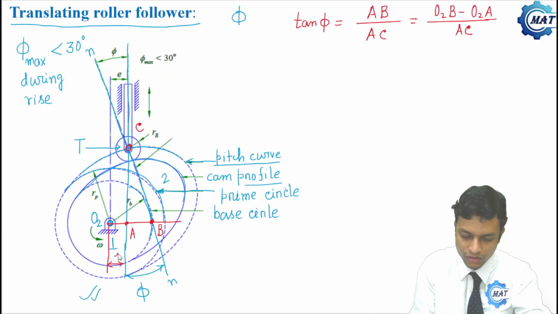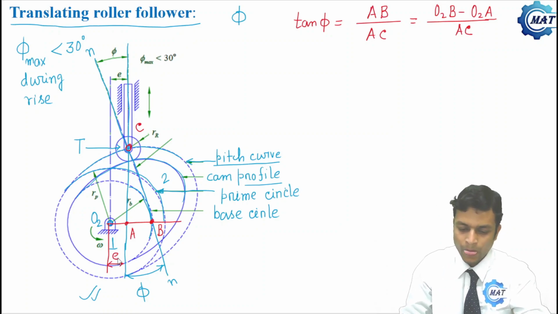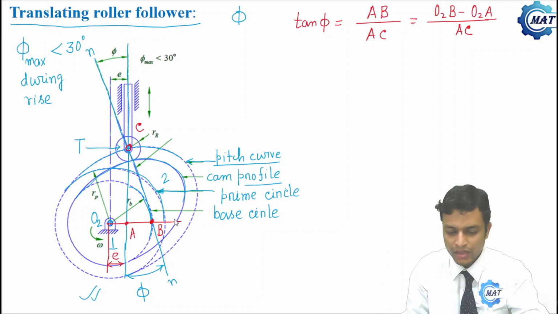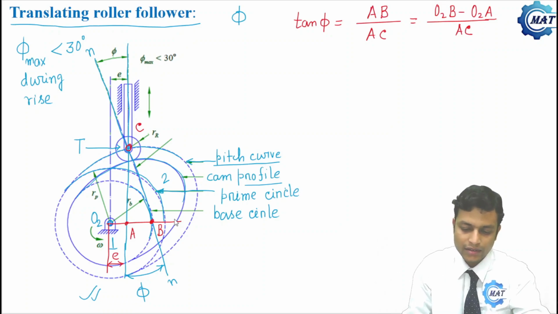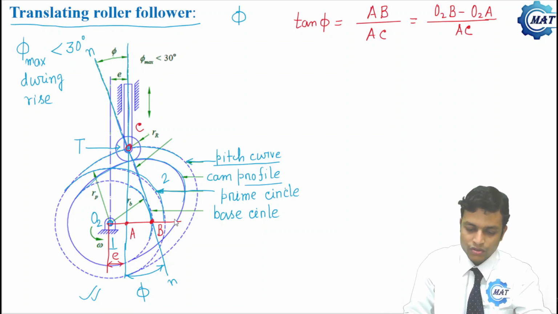Now let us calculate O2B, and we know that O2A is nothing but E. To calculate O2B, we'll take the help of Aronhold-Kennedy's theorem of 3 centers. So here fixed link is 1, cam is 2, roller is 3, and follower is 4.